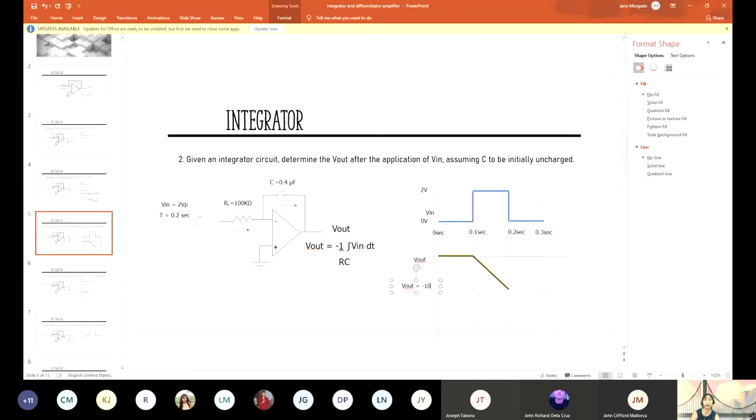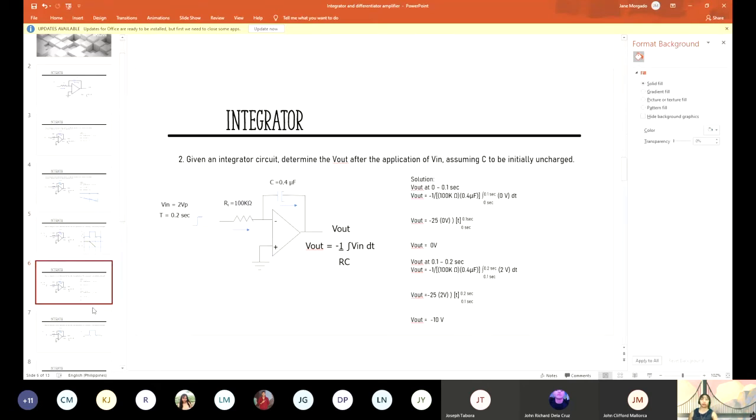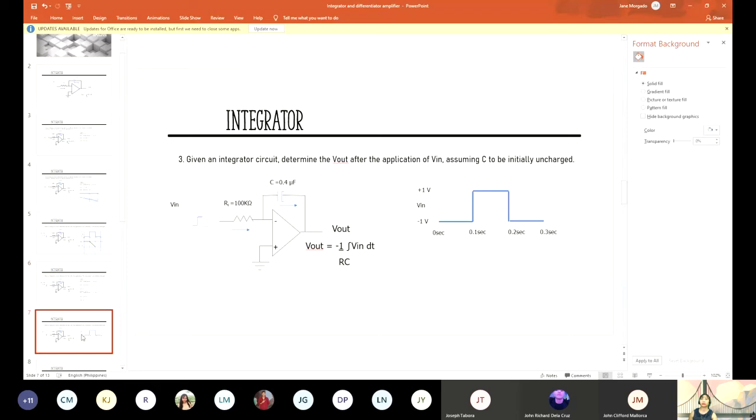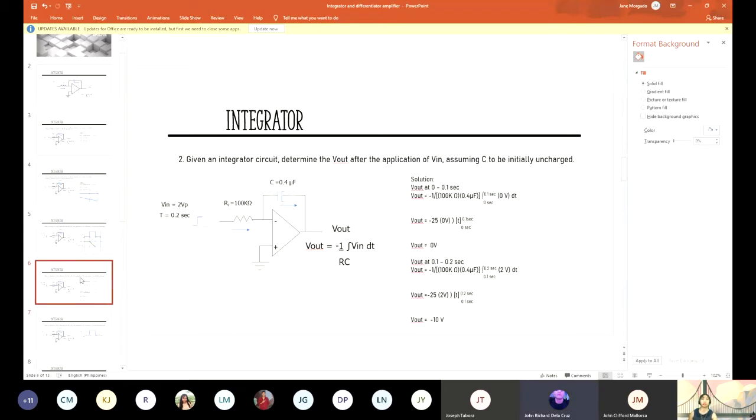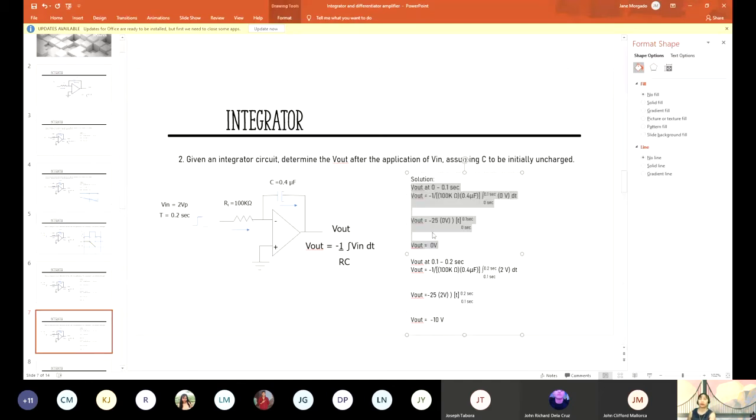Negative 10. How about for 0.2 to 0.3? What do you think? Is this okay? So this is another question. Let's duplicate the slide. From 0.2 to 0.3, what's the input for this one?